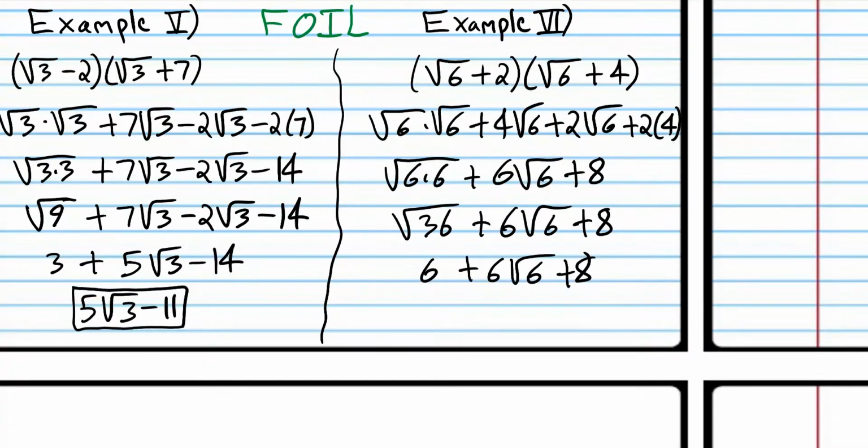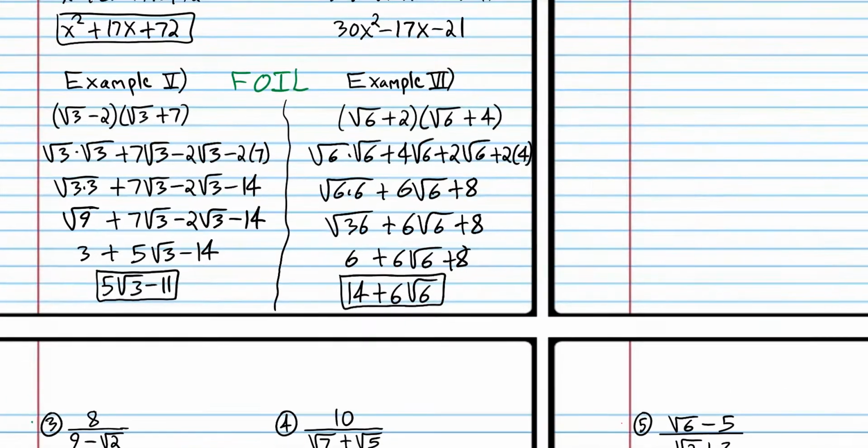And so 6 plus 8 is 14. And there you go. So again, multiplying roots is something that you already know how to do. We don't have to spend a lot of time reviewing multiplying roots. You did that in the last class, a lot of problems that I gave you.